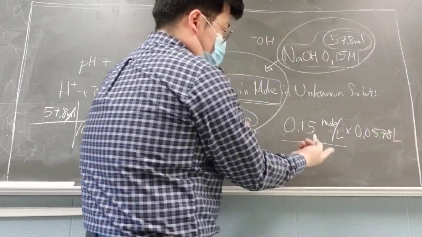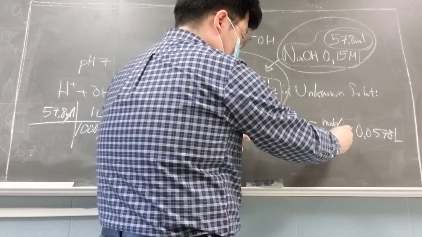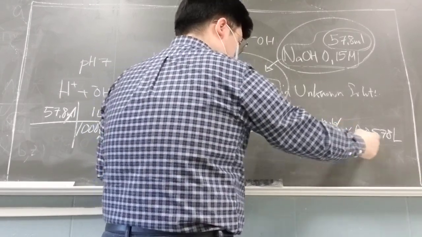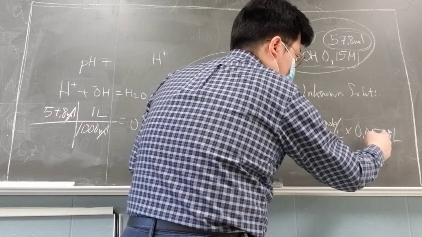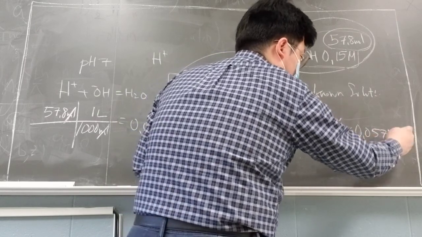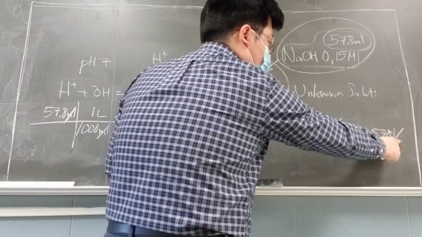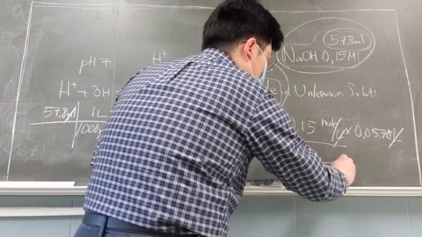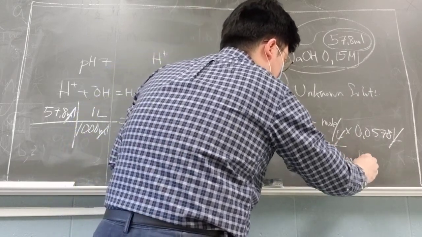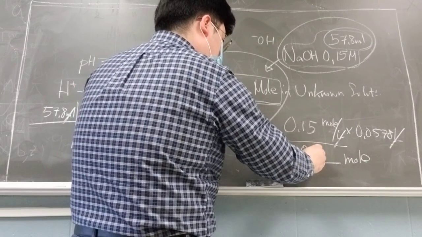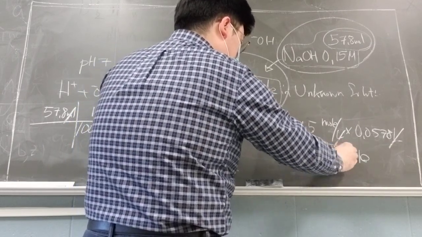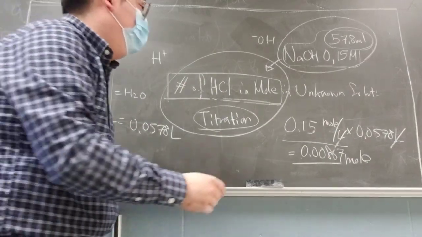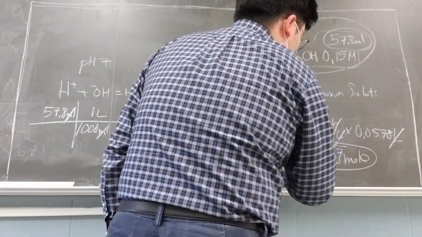And now it adds up on the unit because it's the same. So this is moles per liter times 0.0578 liter. The liter will cancel top and bottom, so you get a number in moles. Okay, I believe that is 0.00867, I think, yeah.